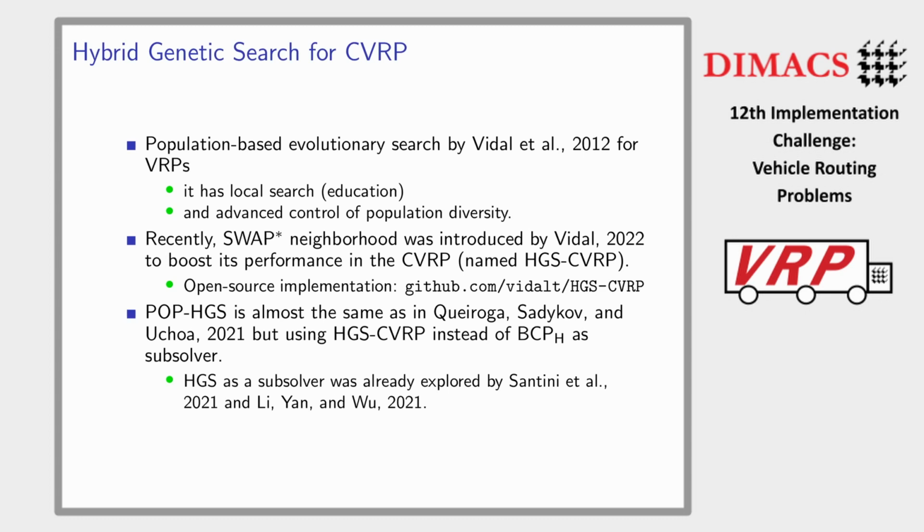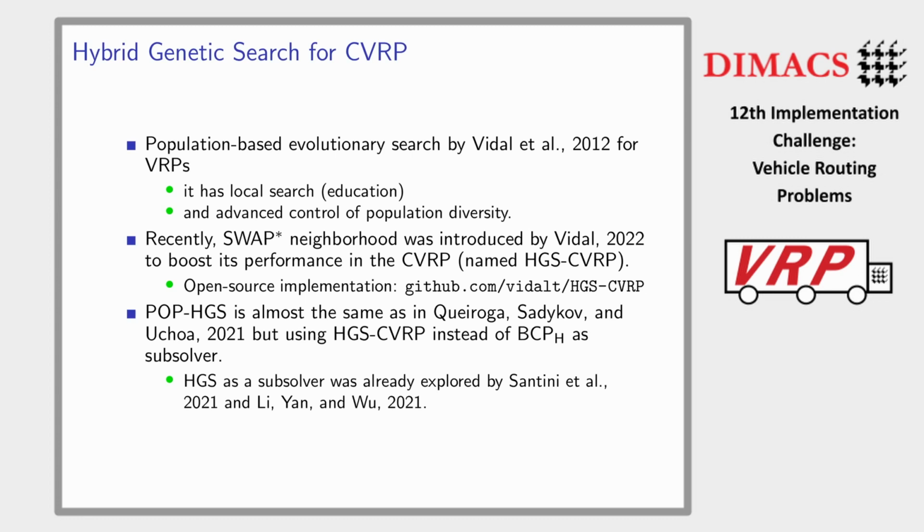It was proposed for many VRP variants, including the CVRP, and it has local search and an advanced control of population diversity. More recently, Thibaut Vidal introduced a new neighborhood called SwapStar to boost the performance of HGS for the CVRP. It was named HGS-CVRP, and it is an open source project.